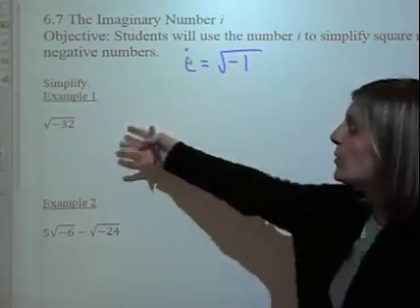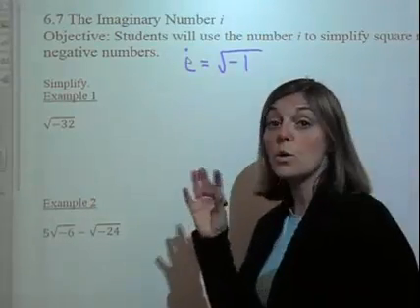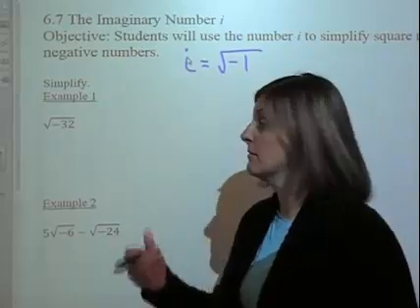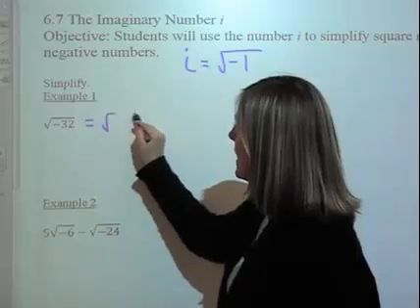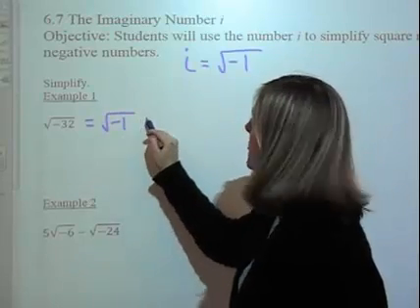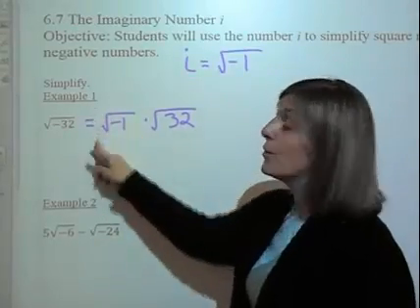So if we want to simplify the square root of -32, we're first going to pull out the i. We're going to factor out the i. So that's the same thing as saying square root of -1 times the square root of 32, and we know that that is i.